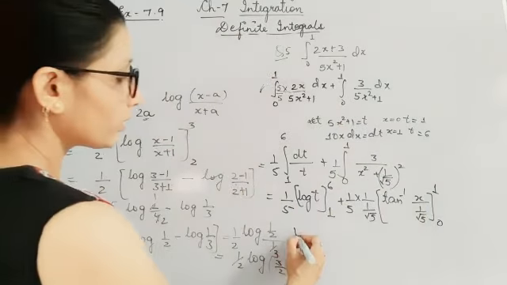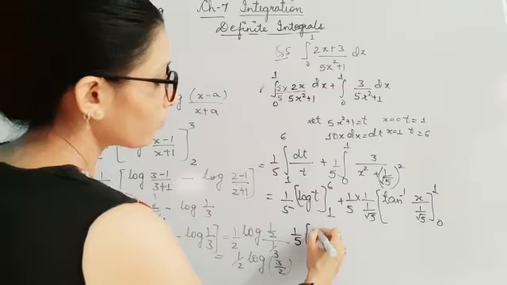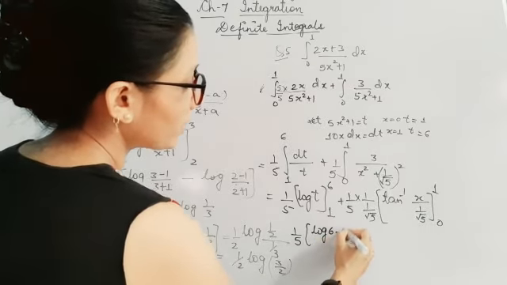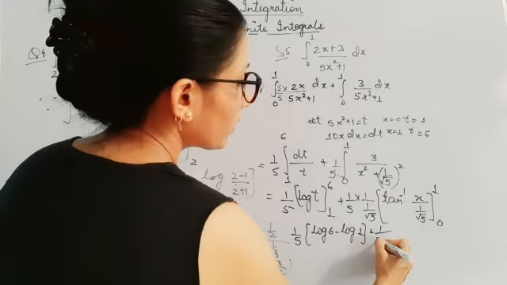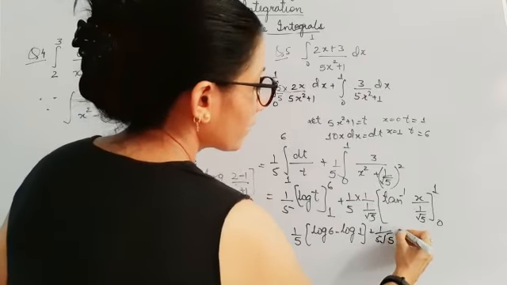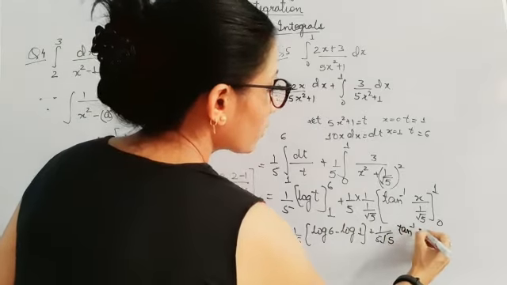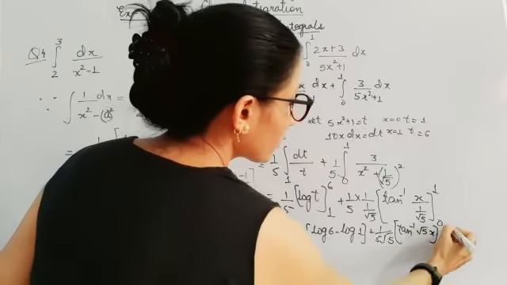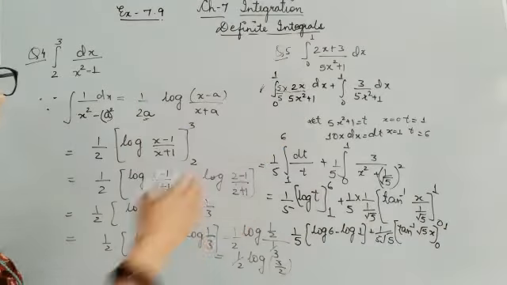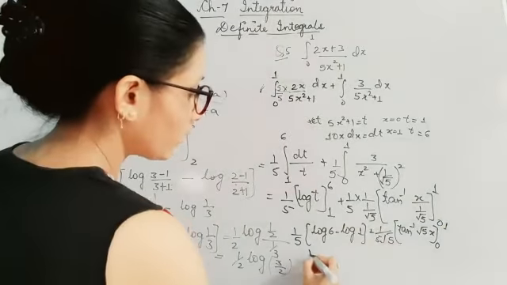Alright. So here I am getting 1 by 5 (log of 6 minus log of 1), and here you will be getting 1 by 5 under root 5, tan inverse root 5x. I have not put the limits in the second case. Now I will be putting it.